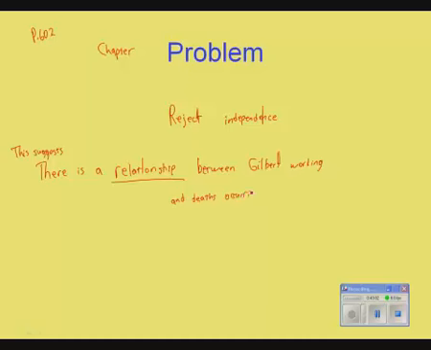I can't say lots. I can just say there's a relationship. You can't say lots. No. I mean, it's either deaths occurring or not occurring. There's a relationship between. Okay.